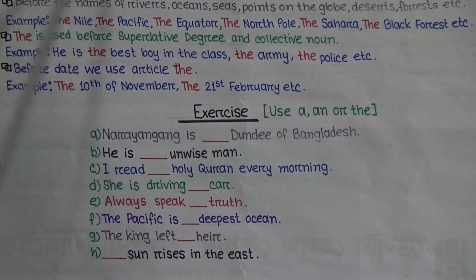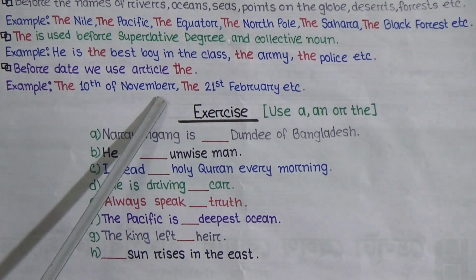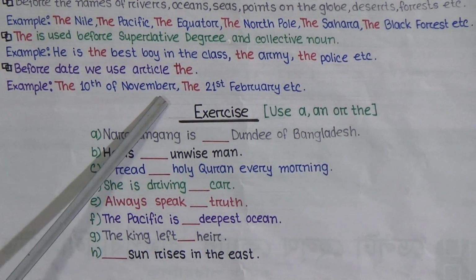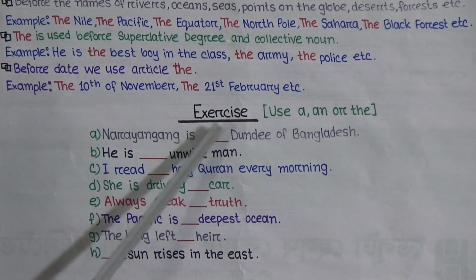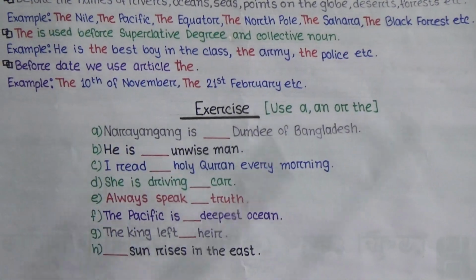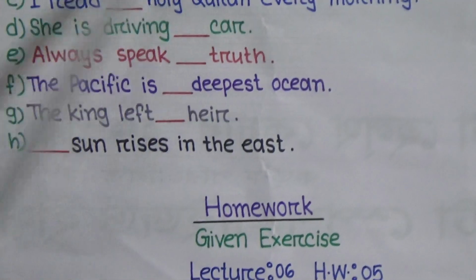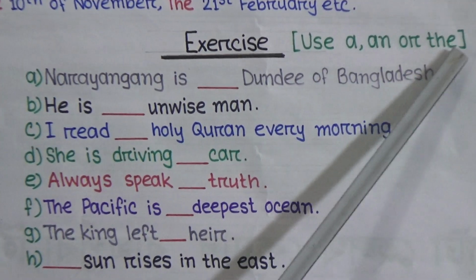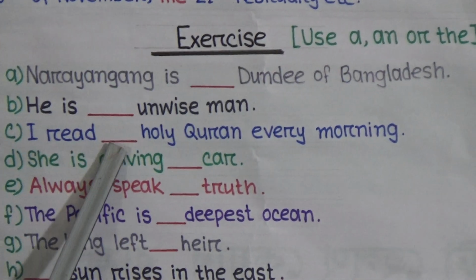Students, I hope you are able to understand these rules as you have learned this in your earlier classes. Now it's time to provide your exercise or homework. Your homework will be given exercise, and here I have written some sentences for you, and you have to use a, an, or the in the given gaps.